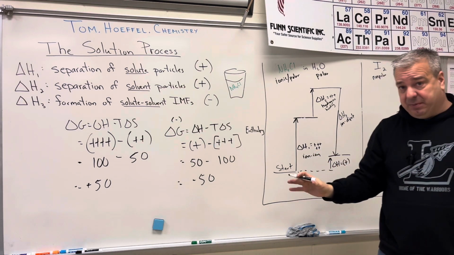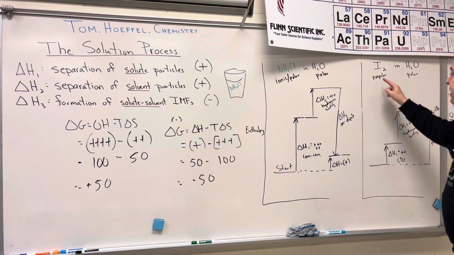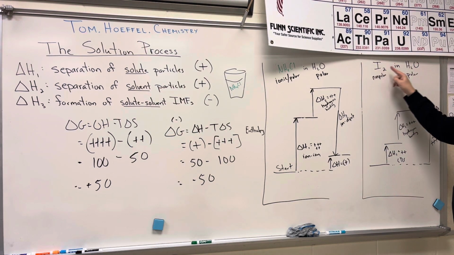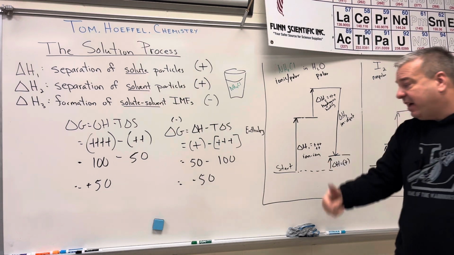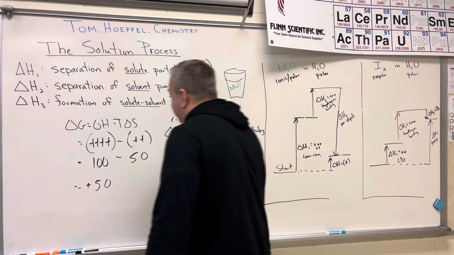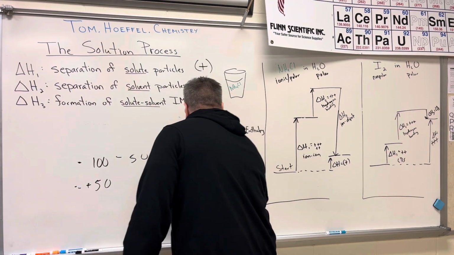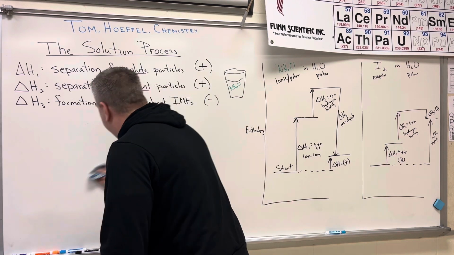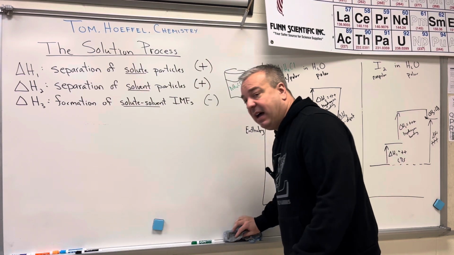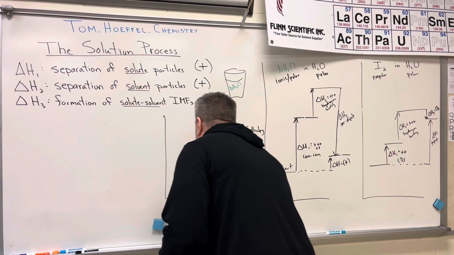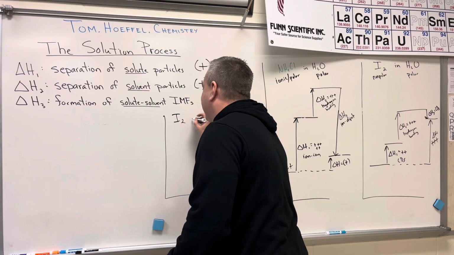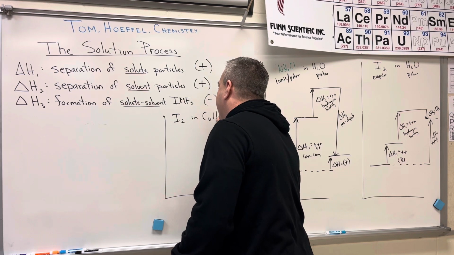That will not take place. In fact, if I want the iodine to dissolve in something, it can't be polar. Like dissolves like means I have to have the same thing dissolving the same thing. So if I want iodine to dissolve in something, I have to put it into something that is nonpolar, kind of like iodine in hexane.